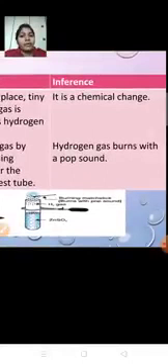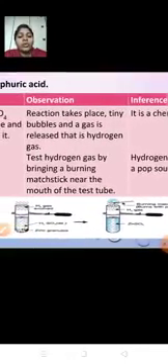And we know that when hydrogen burns, it will produce a pop sound. So the sound is coming, it means the gas is hydrogen. Now this you've already learnt in your lower class. So in this, again, a new substance is formed. So it is a chemical reaction, right?